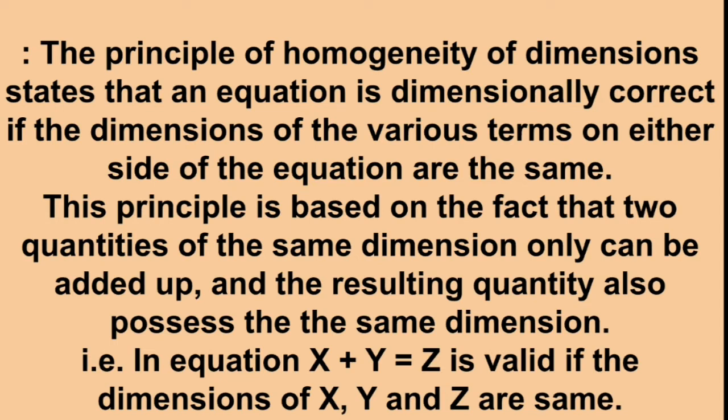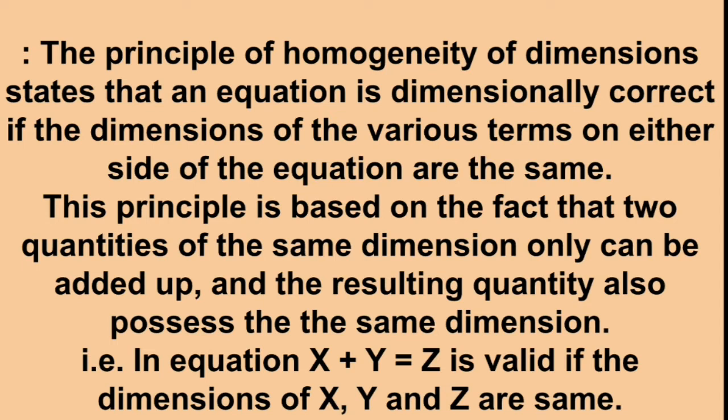That is, in the equation x plus y equal to z, the equation is valid only if the dimensions of x, y and z are the same. So this is the sum total of the principle of homogeneity of dimensions.